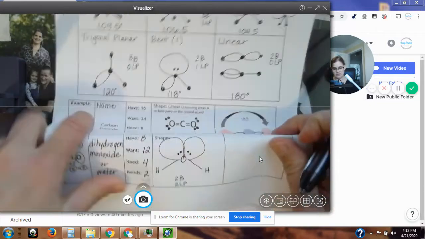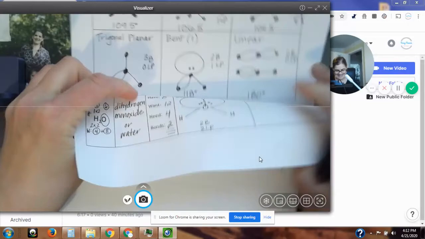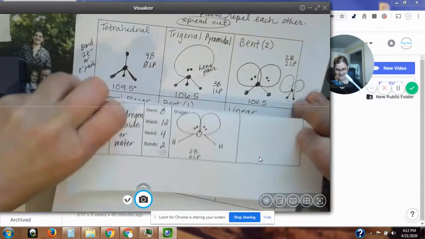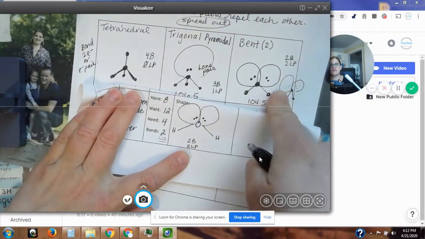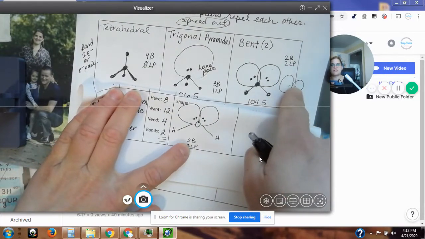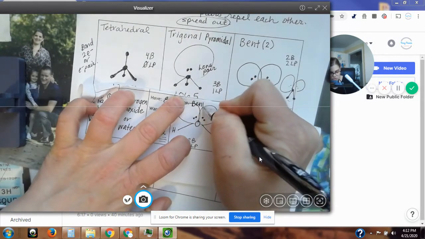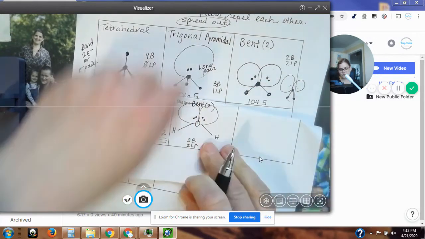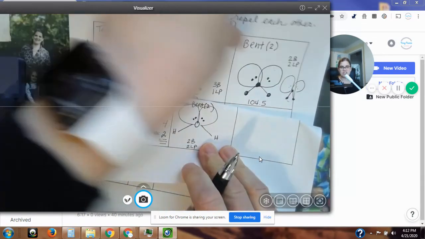It looks, I think I can do this, folks. It looks a lot like this one. 2 bonds, 2 lone pairs, and so I definitely have a bent with 2 lone pairs. So I'll end up being able to draw this using my shapes here.